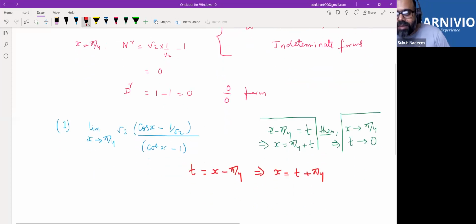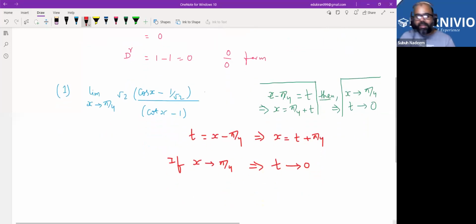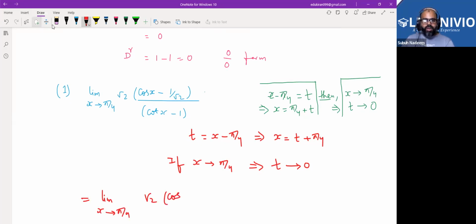And if x approaches pi by 4, that means we substitute pi by 4 in place of x, so it will cancel and t will be approaching 0. So our question now will be in a different form. We want it in terms of t now, so instead of x approaching pi by 4, we will say t is approaching 0.